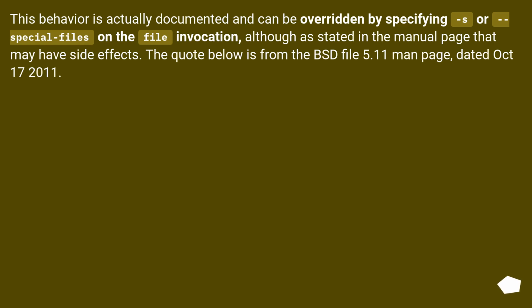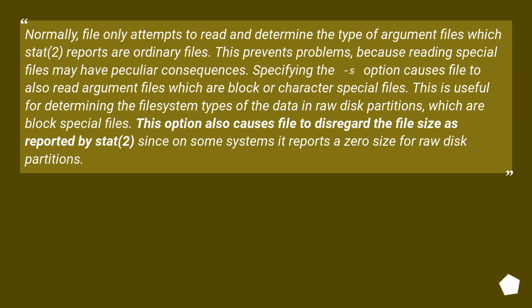The quote below is from the BSD file 5.11 man page, dated October 17, 2011. Normally, file only attempts to read and determine the type of argument files which stat(2) reports are ordinary files. This prevents problems, because reading special files may have peculiar consequences.